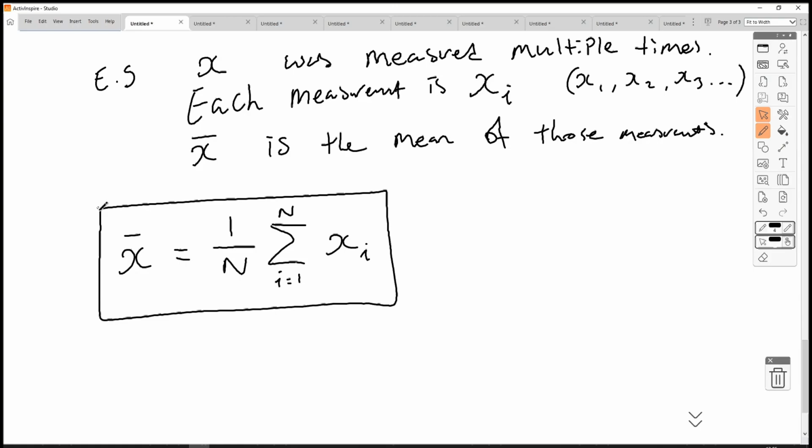Now, the uncertainty in that average is then given by the spread of that data, which is given by the range.